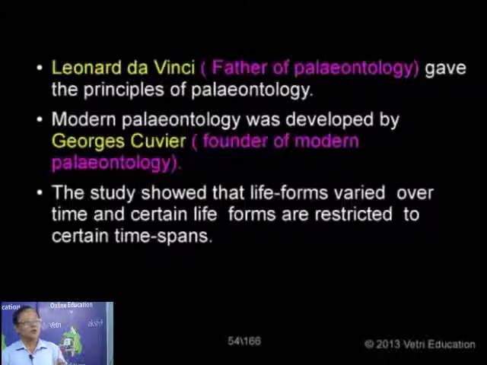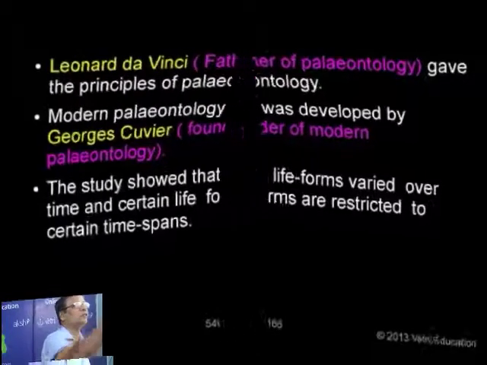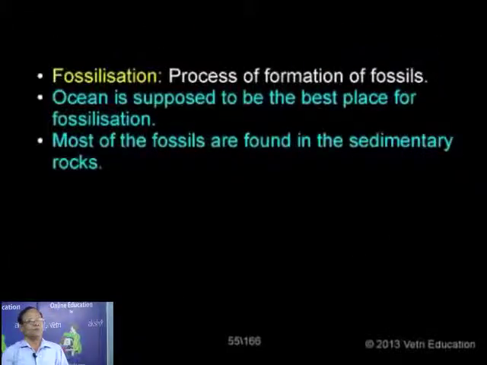So the fossil study revealed that different life forms occupied this earth, but certain forms were restricted only to specific time spans. They were not present throughout the geological time scale. There is evidence we got from the study of fossils, from paleontology.